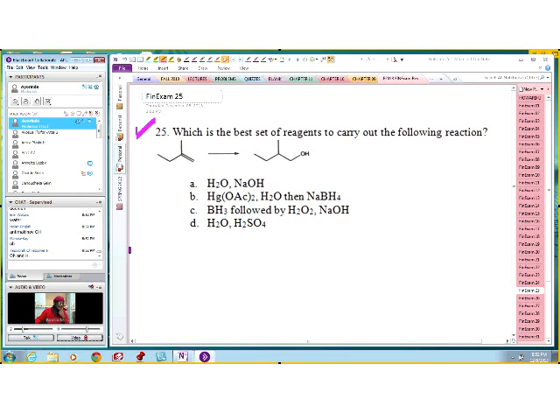Okay, so we are adding the elements of water. That is correct.